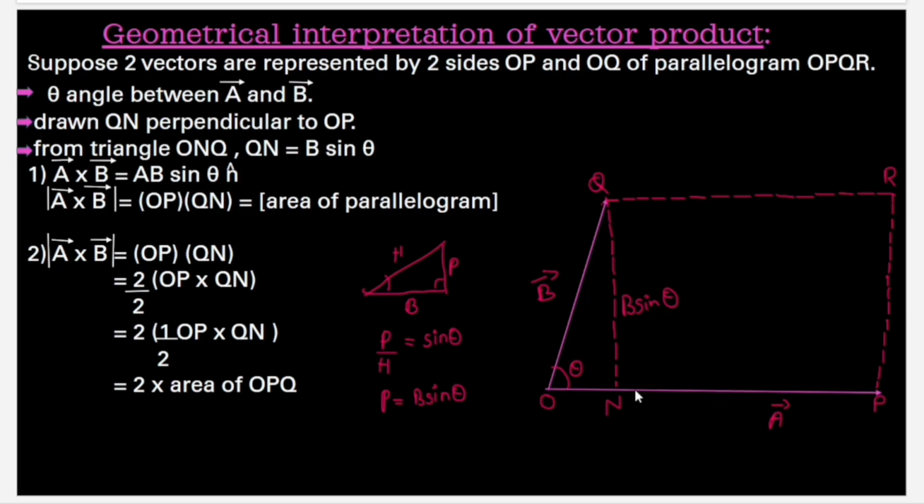OP into QN is the area of parallelogram, base into height. Second step, A vector cross B vector mod is equal to OP into QN. Next we do 2 by 2 into OP into QN and get 2 into half into OP into QN, which is the area of the triangle. Then the final step is 2 into area of OPQ.